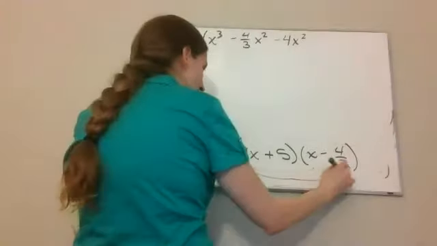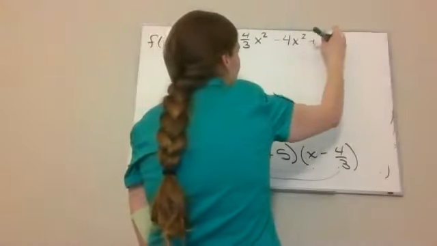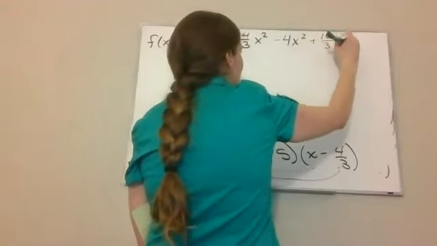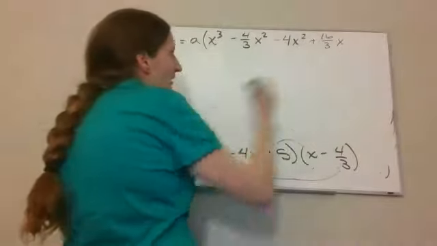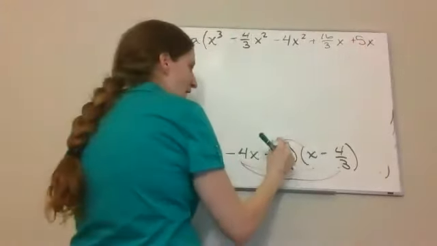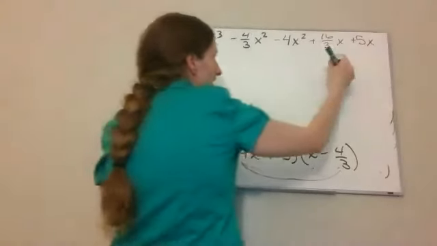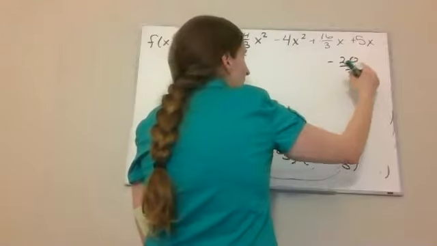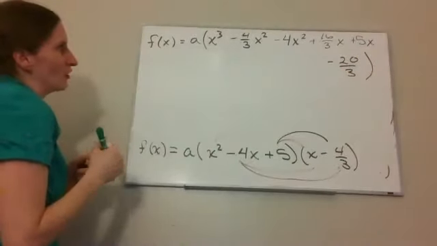And a positive 16 over 3 x. Then I get a 5x. And 5 times negative 4/3 is negative 20 over 3. So that's what my function looks like right now.